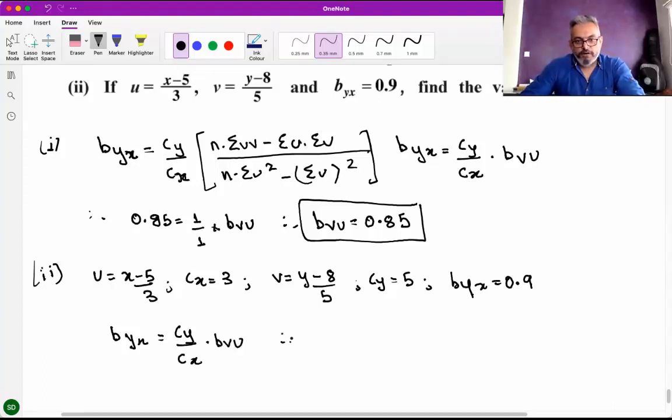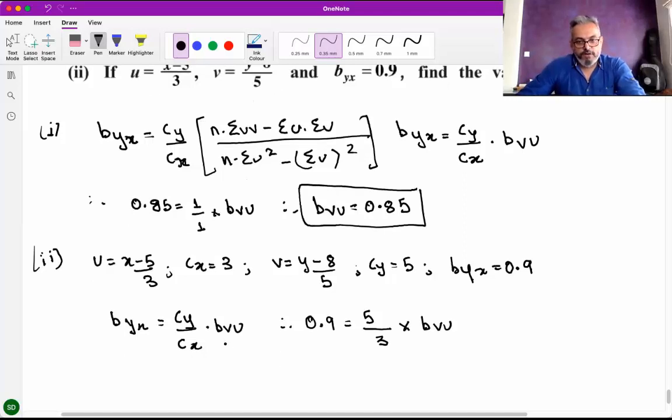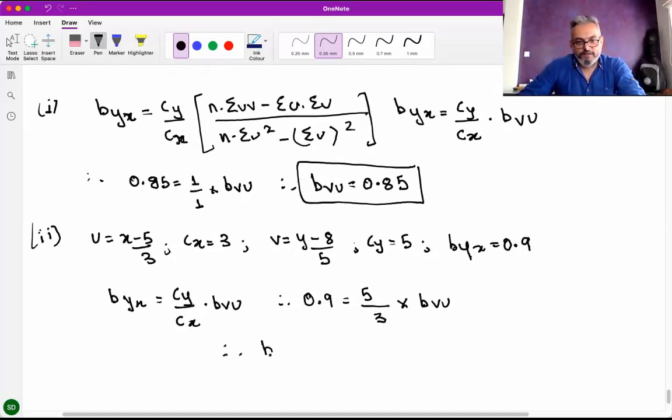So therefore 0.9 is equal to 5 upon 3 into b_vu. Now we take b_vu on the left hand side. So b_vu is equal to 0.9 as it is into 3 by 5.